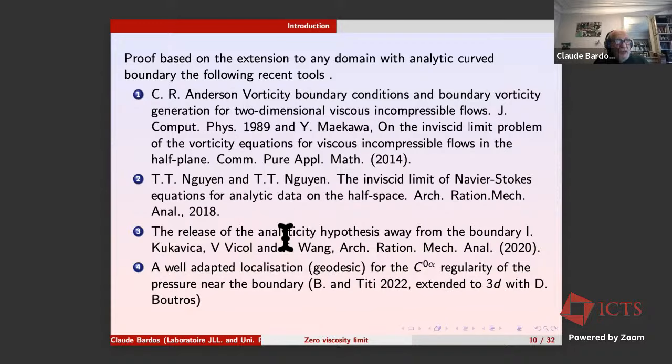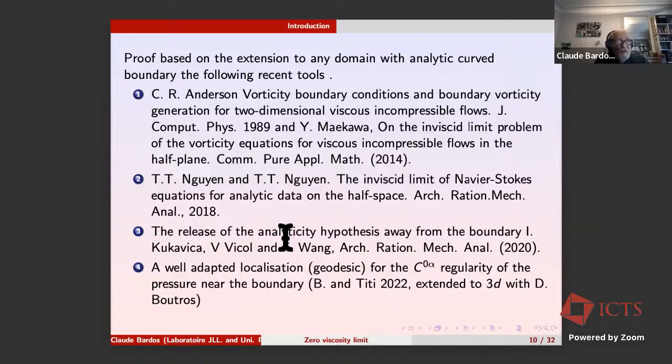And it's something that I already worked out in 2022, just not for nu going to 0, but looking at the extension of the Onsager conjecture that everyone in the audience may know, the 1/3 Onsager regularity condition, and it needed that to show that the pressure on the boundary was also in the same regularity as the velocity.